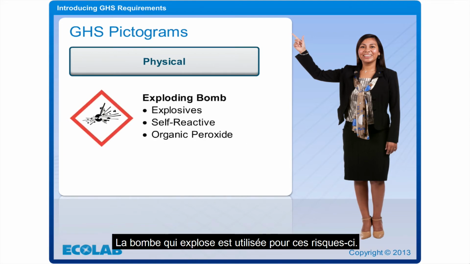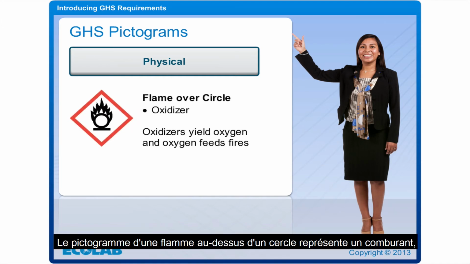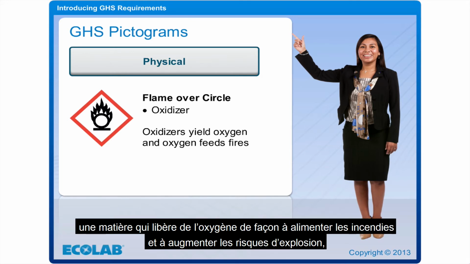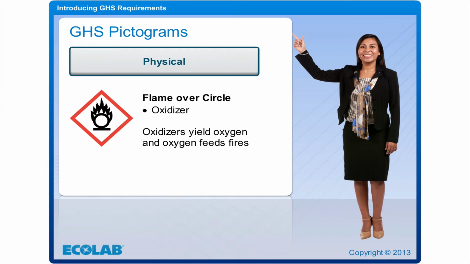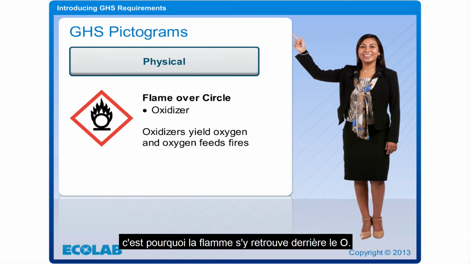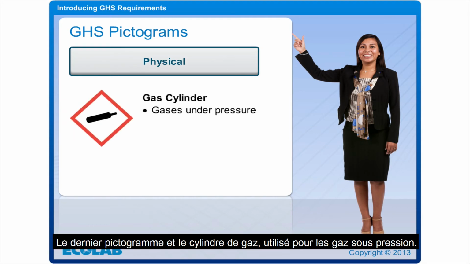The exploding bomb is used for these health hazards. The flame over a circle pictogram represents an oxidizer. Remember that oxidizers yield oxygen that feeds fires. That is why this pictogram shows the flame behind the O. Our last physical hazard pictogram is the gas cylinder and used for gases under pressure.